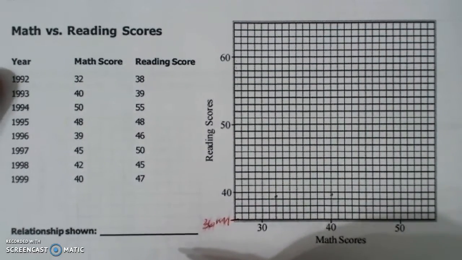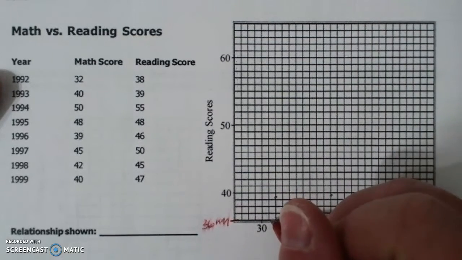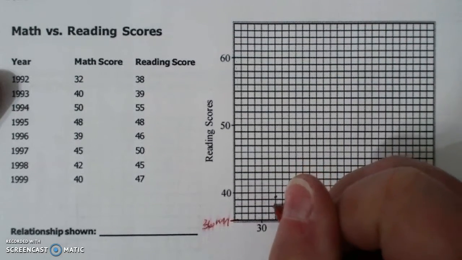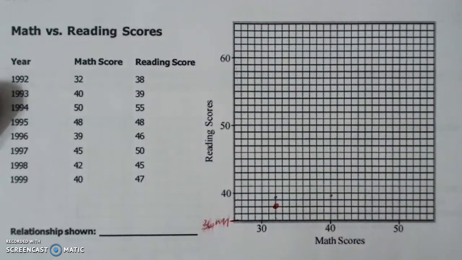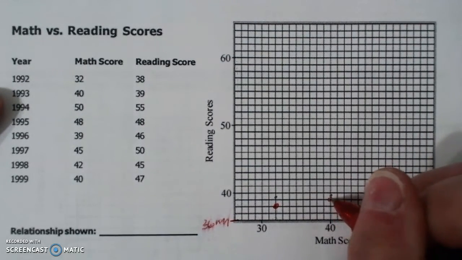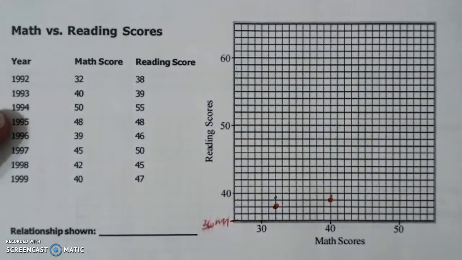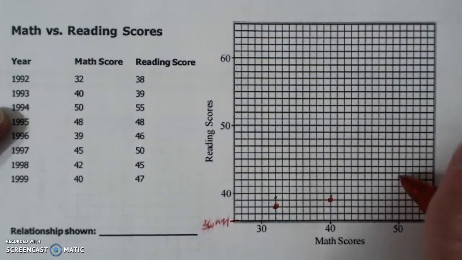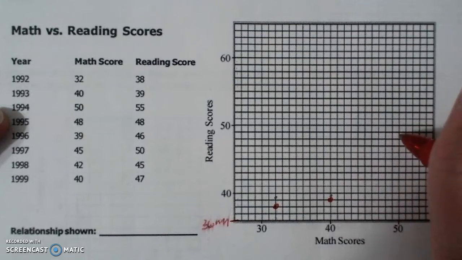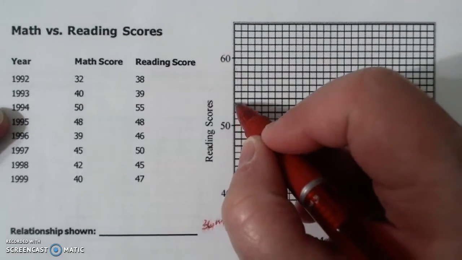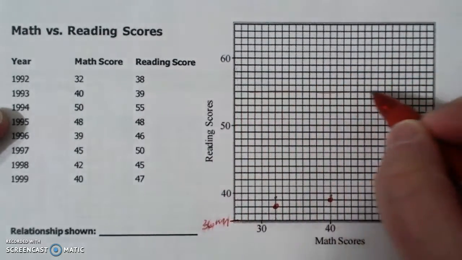So in 92, it was 32, 38, and 38. So it would be here. And then 40 and 39. And then 50 and 55. 50. 1, 2, 3, 4, 5.